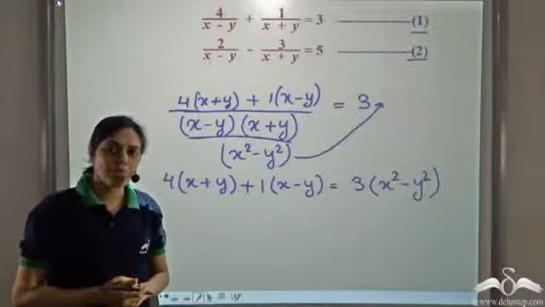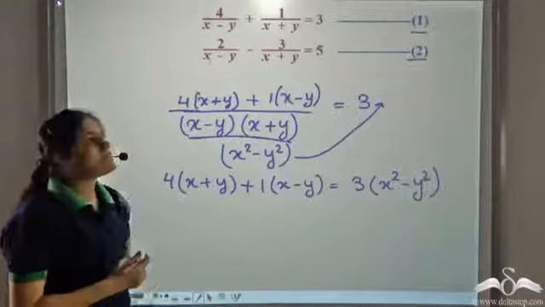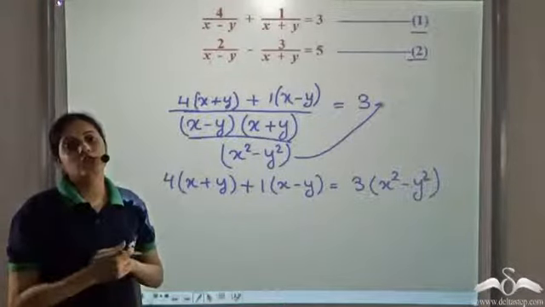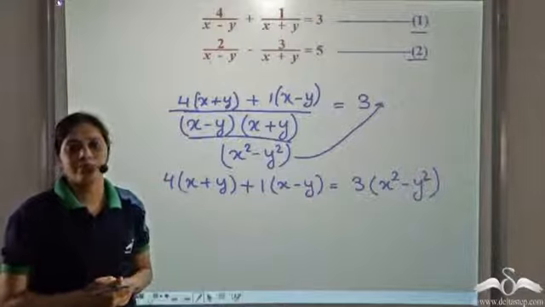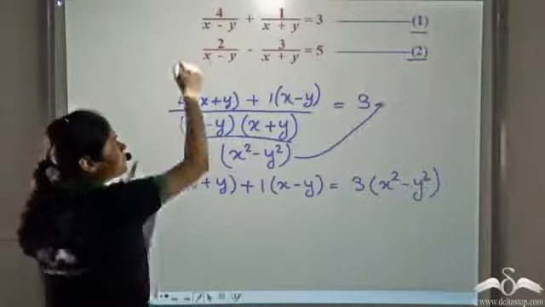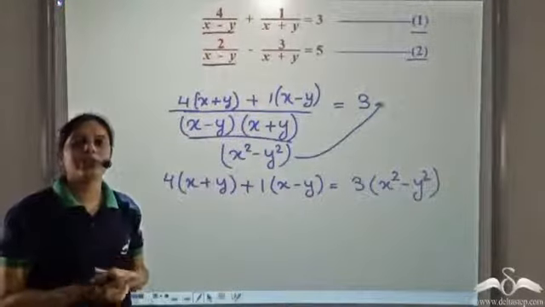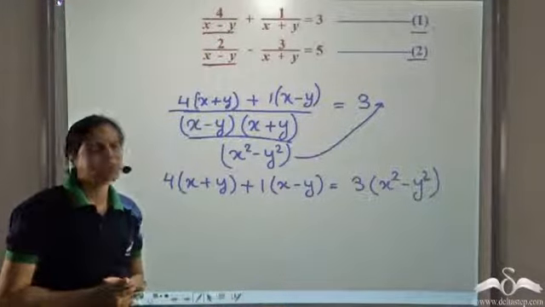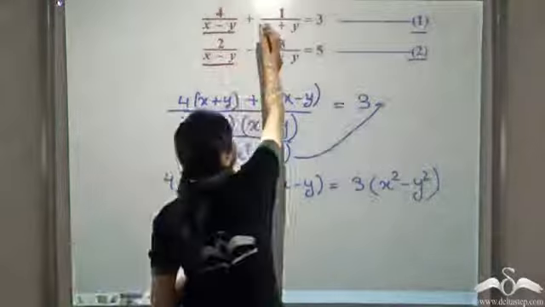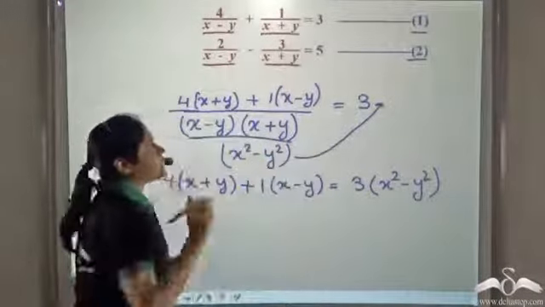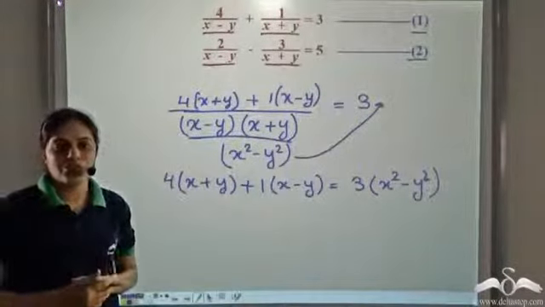So how do we solve them? Let us see if we can transform them into linear equations in two variables. Observe that the first term has x minus y as the denominator in both the equations, and the second term has x plus y as the denominator in both the equations.